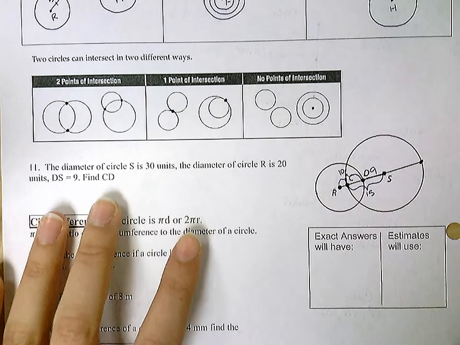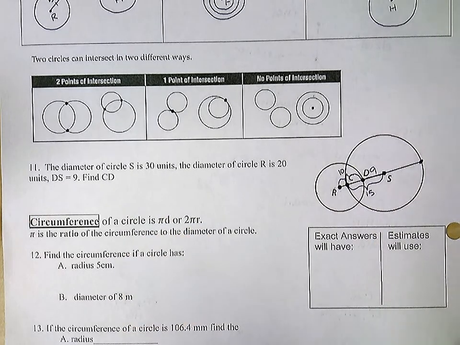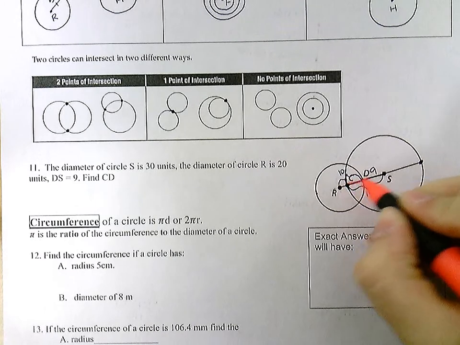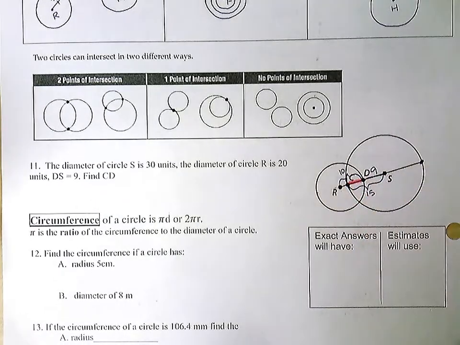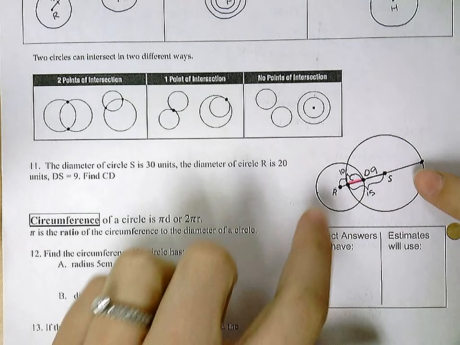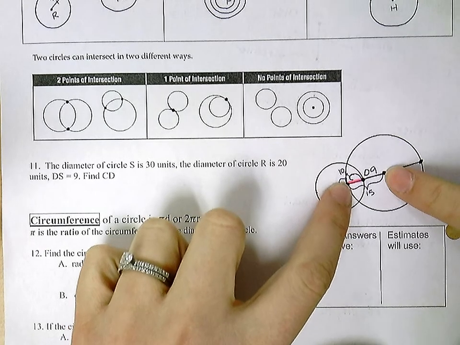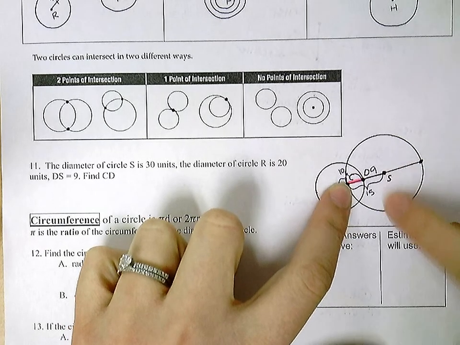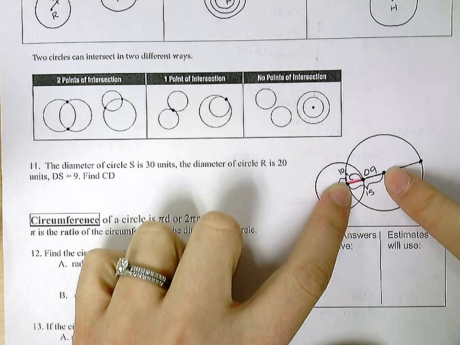And we want to find the length from C to D. C to D is this piece right here. So we want to find that length. Well, I know from C to S is 15, and from D to S is 9.